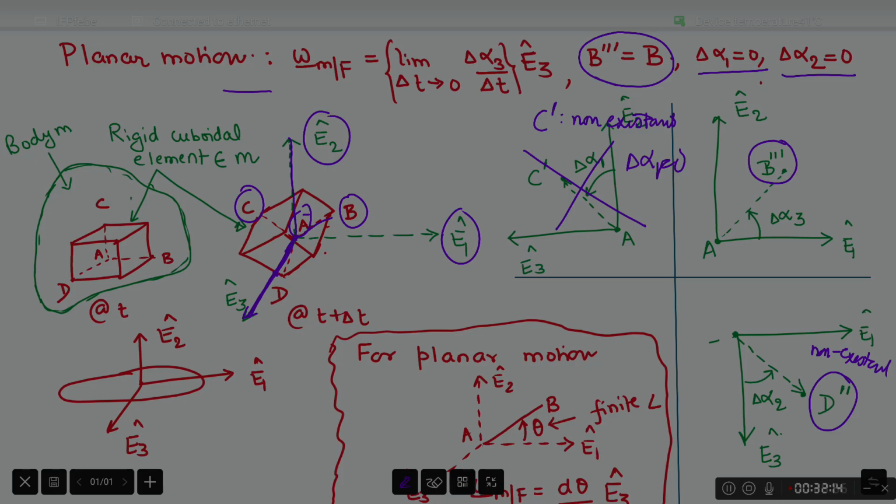And in that case, omega mf of the body is simply the limiting value of delta alpha 3 by delta t, and this scalar component is along E3 itself. There is no scalar component of omega mf in E1 direction or E2 direction.